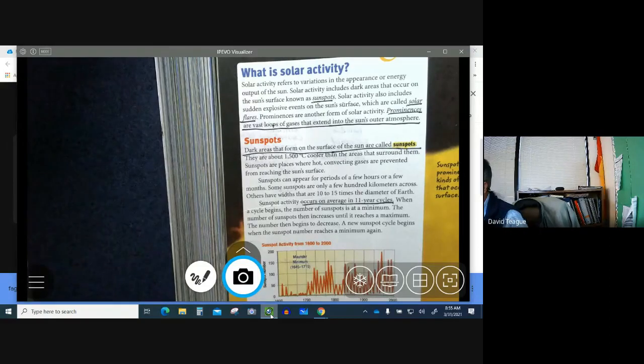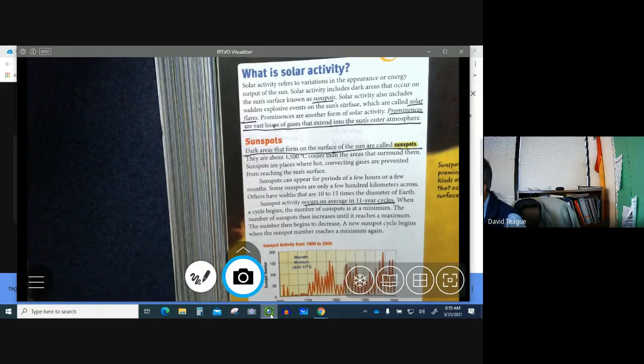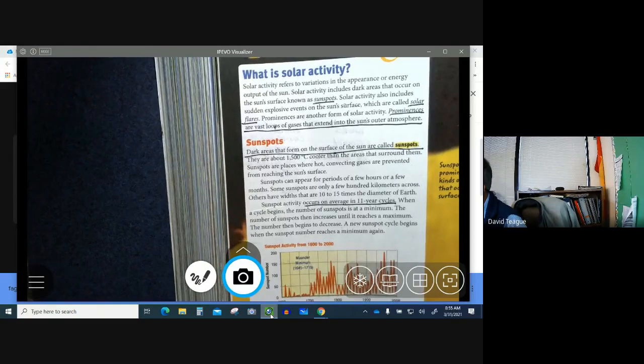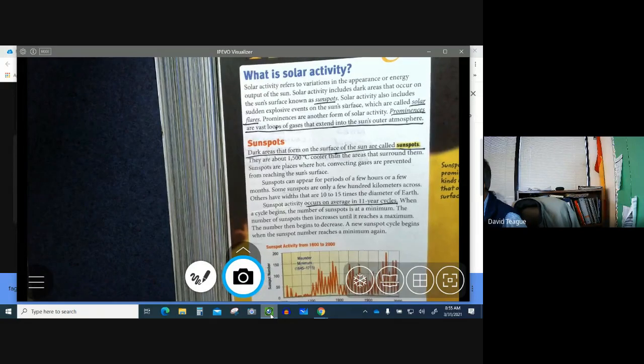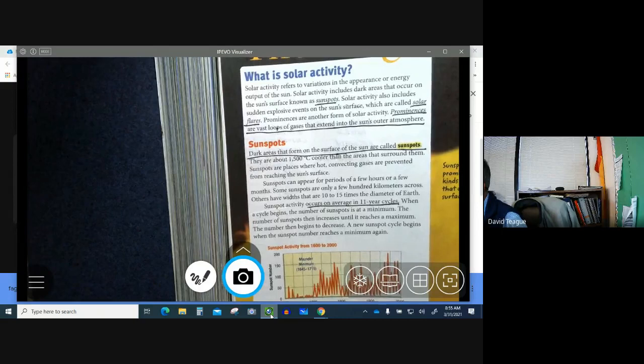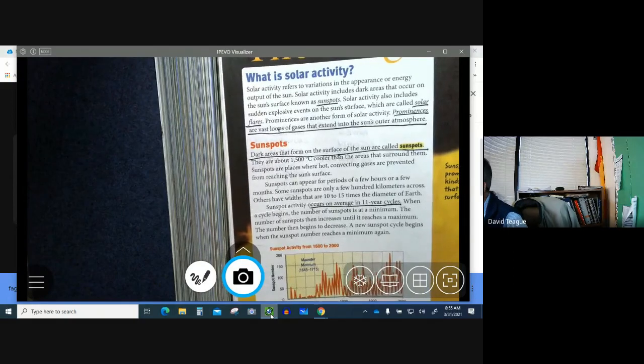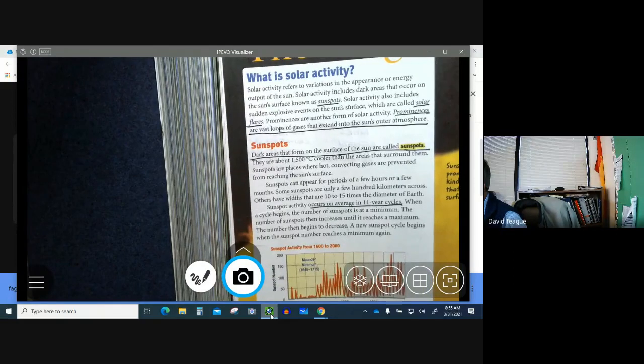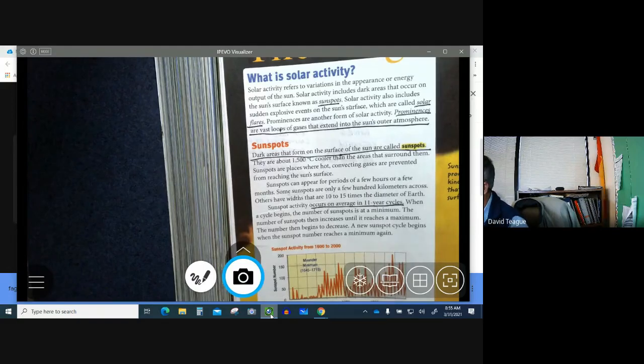Number 16 says the sunspot range is the difference between the maximum number of sunspots and the minimum number of sunspots for a certain period of time. To find this range, subtract the minimum number of sunspots from the maximum number of sunspots. What is the range of sunspot activity between 1700 and 1800?